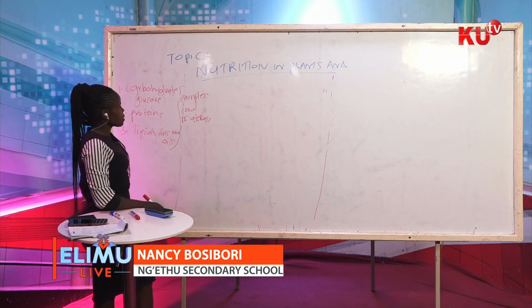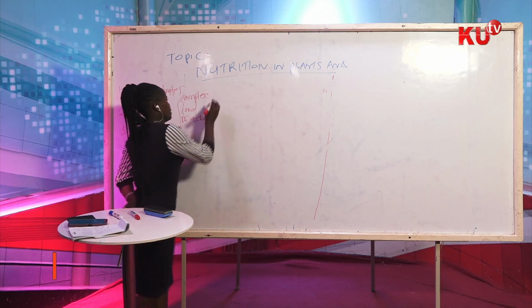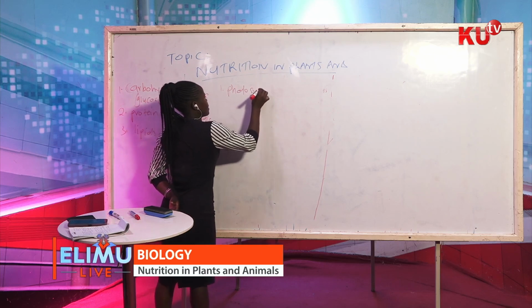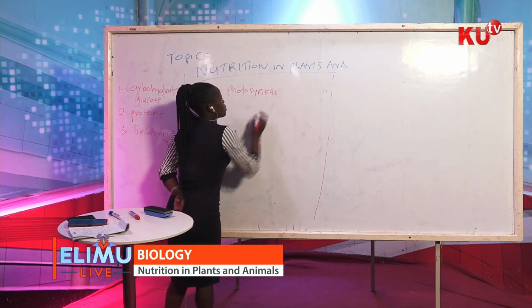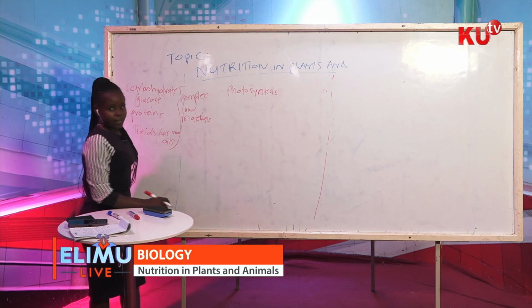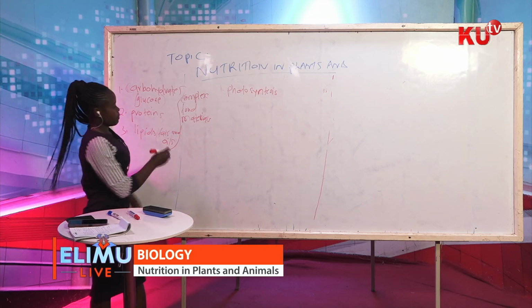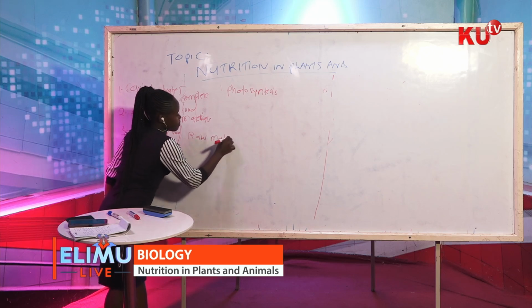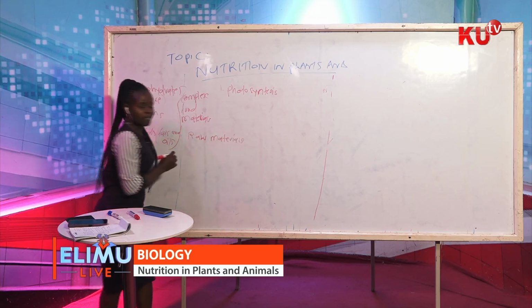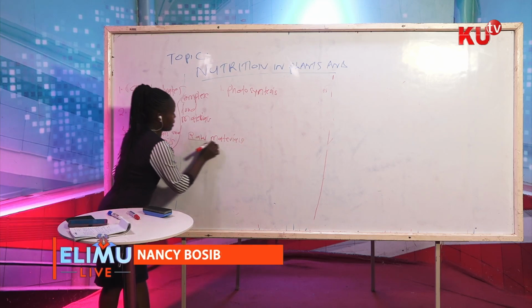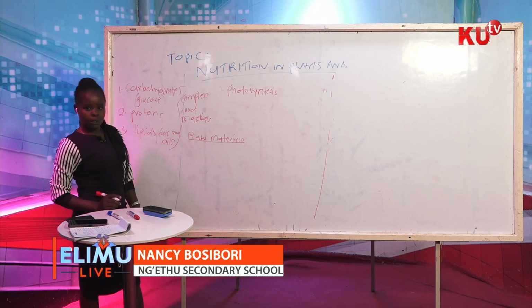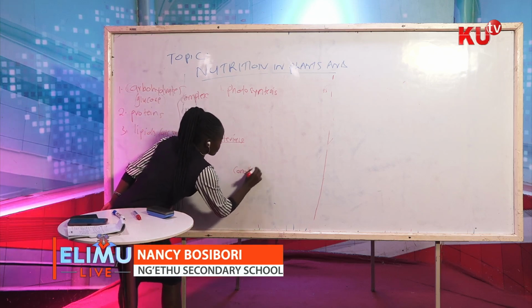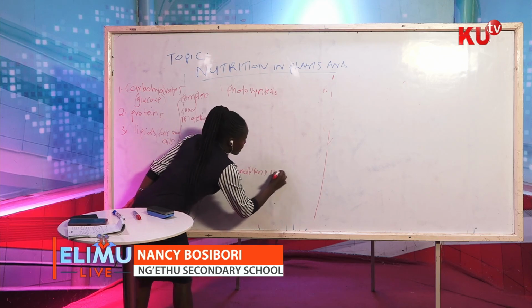And for photosynthesis to take place, there must be raw materials, and also the conditions necessary are required.